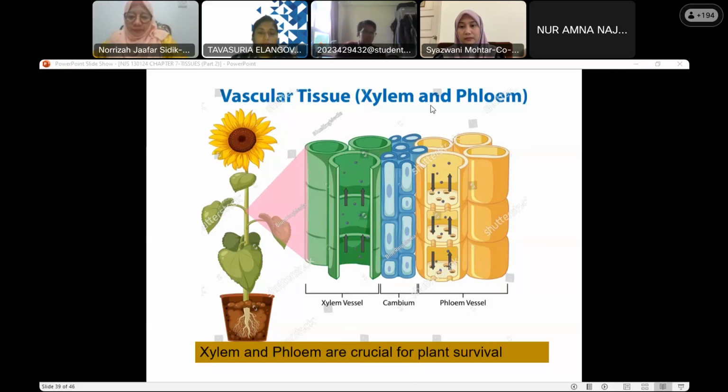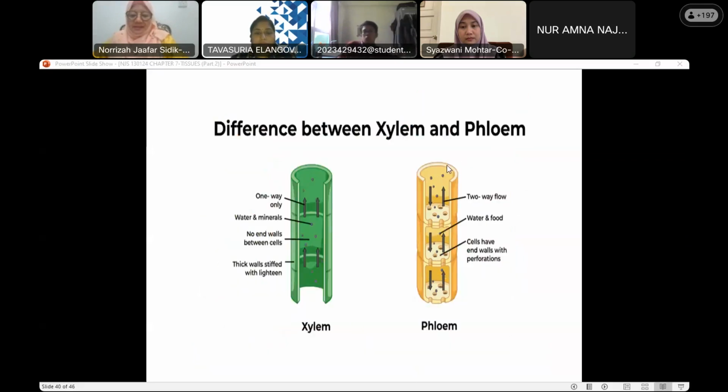From the shoots towards the roots, and from the roots, usually from the lower part of the plant to the upper part of the plant. So the difference between xylem and phloem: the xylem is only one-way transportation, whereas phloem has two-way flow.